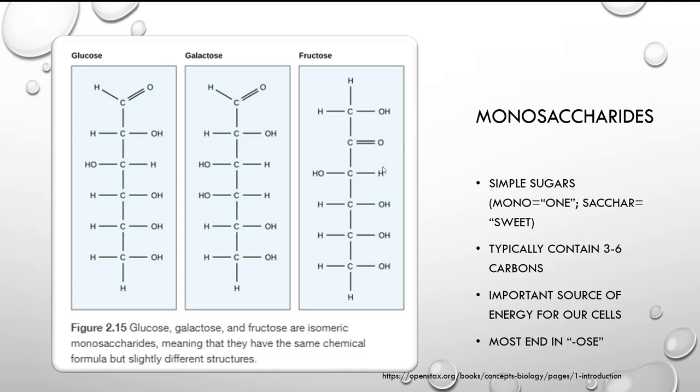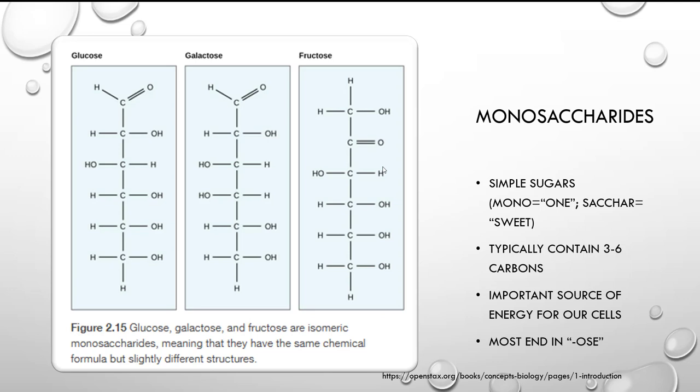As I said before, the function of carbohydrates is an energy source for our cells. So in topic 4, we're going to talk about energy production, and so we'll talk about ATP, cellular energy. Glucose is very important as a chemical energy source for our cells.